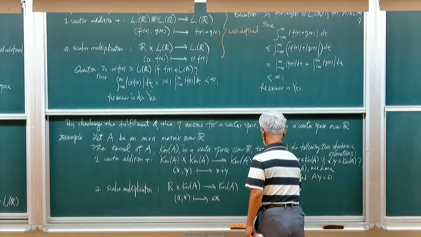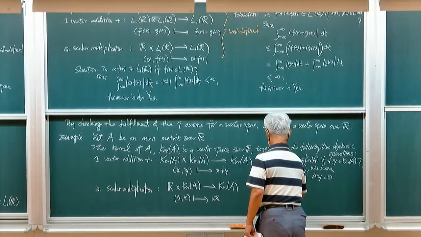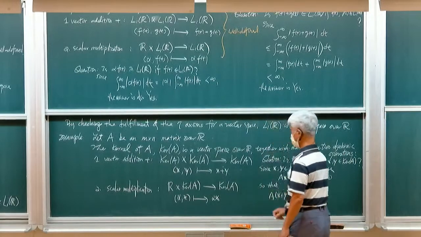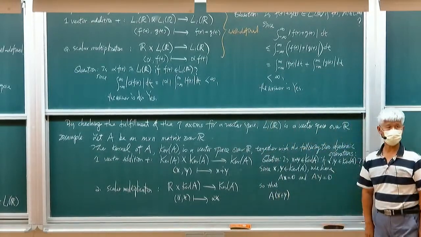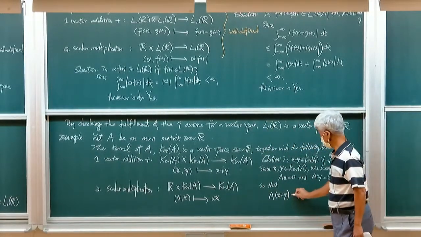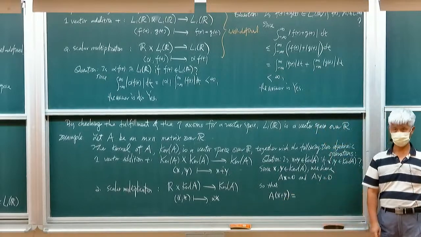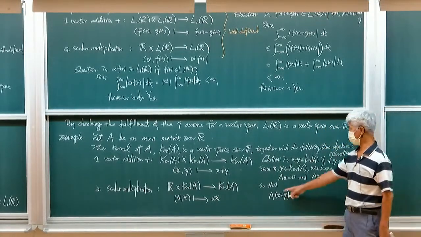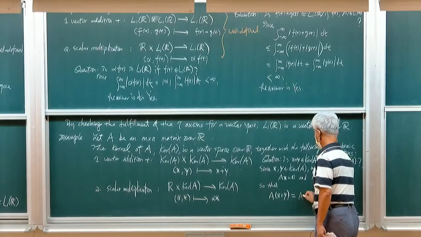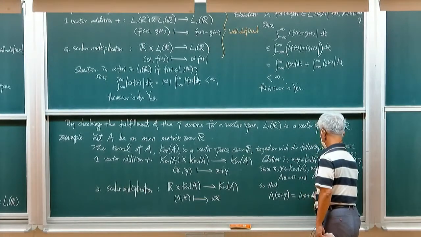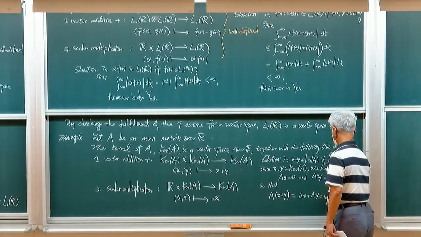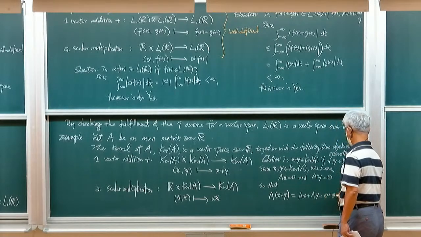So A multiplied with the sum of x and y, by the linearity of matrix multiplication, is equal to Ax plus Ay, and this is 0 plus 0, so this is 0.